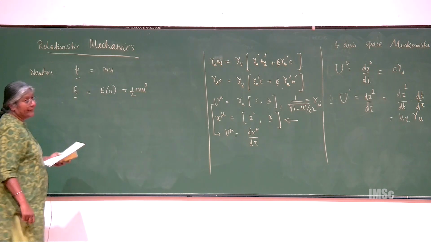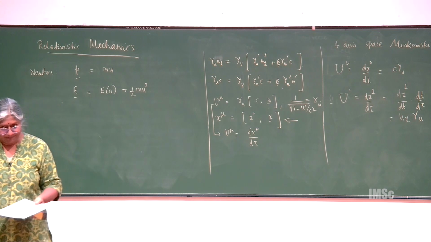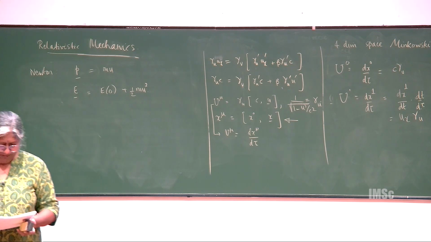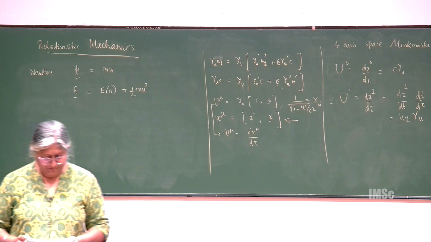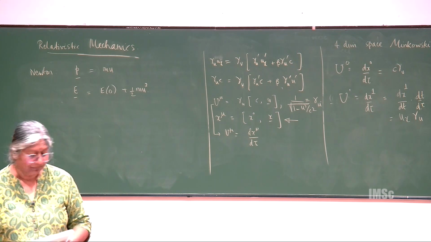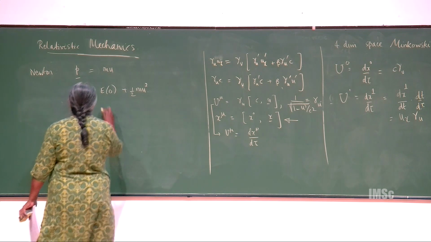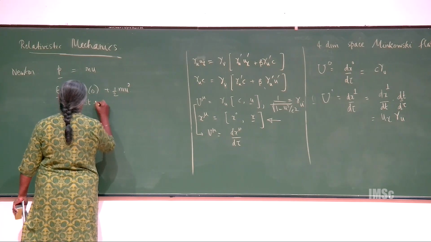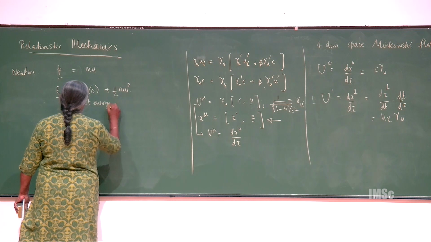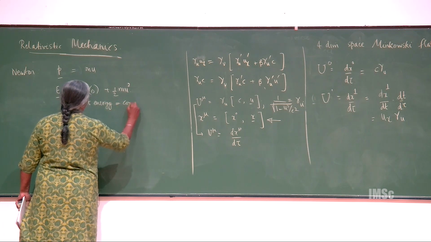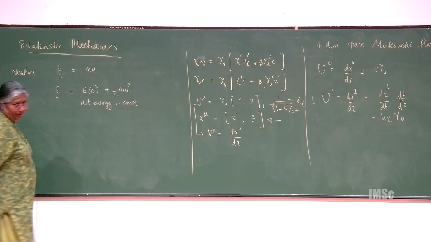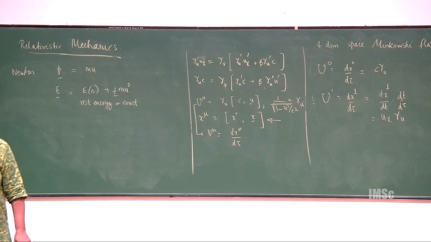Once you know the answer, there are many ways to derive this. This I find is the simplest. May not be good for MSc students, but it gives you the insight into it. So the way you look at E naught is that it is simply some kind of a rest energy. Don't worry about it. It is simply a constant so that we can get rid of some unwanted constants in our relation.